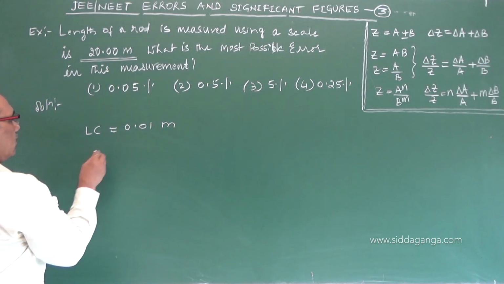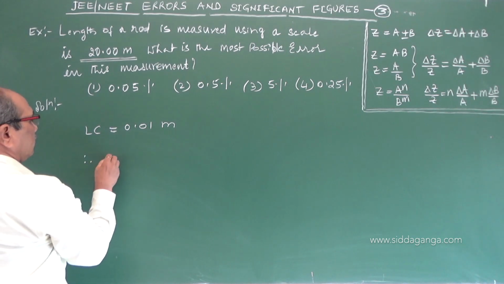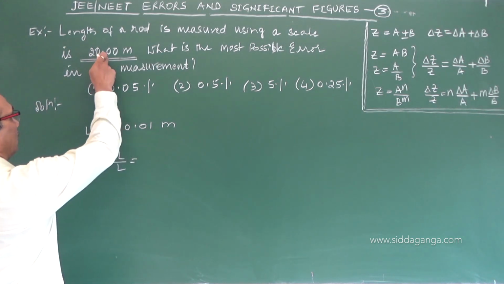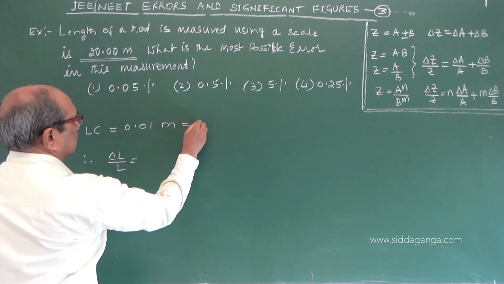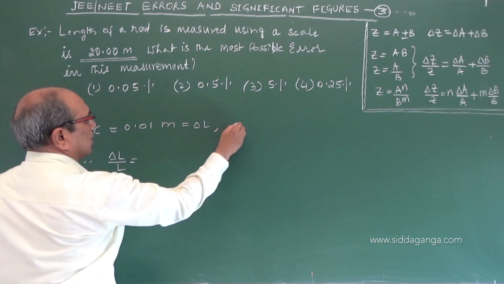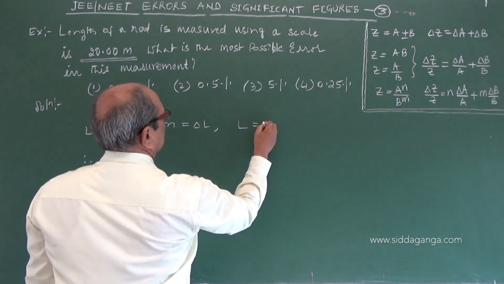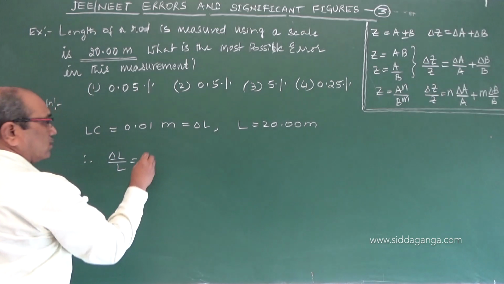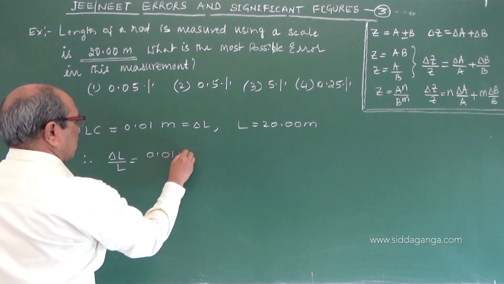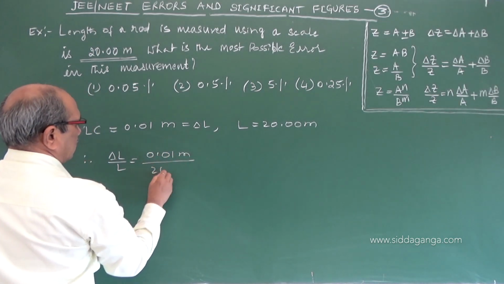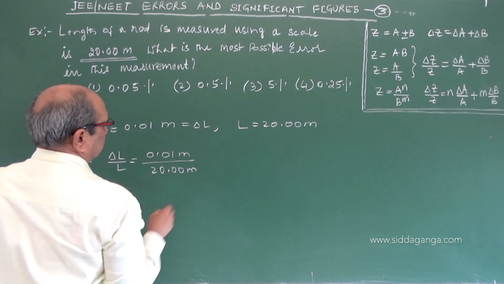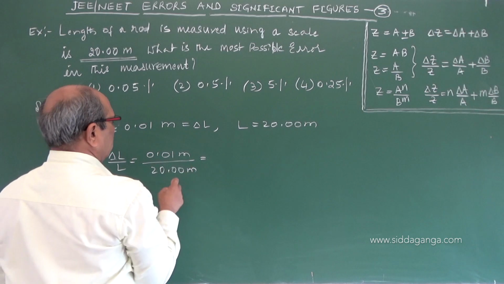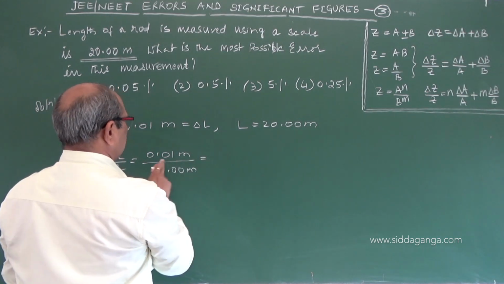If I want delta L by L, the least count is delta L, and the length L is 20 meter. So 0.01 meter by 20 meter gives you the fractional error. Multiplying by 100, we can do this.